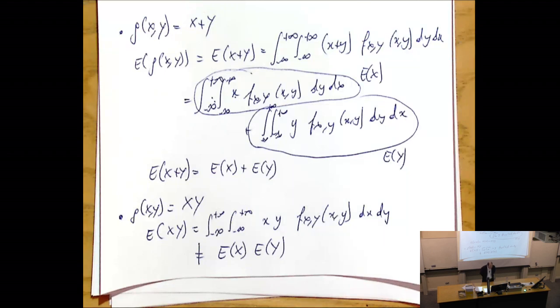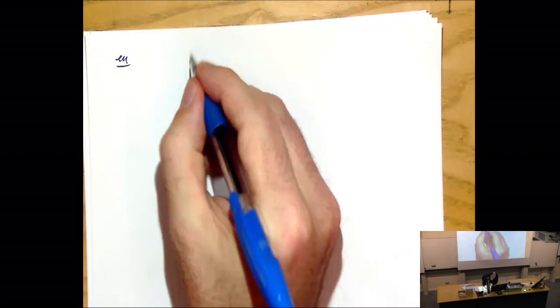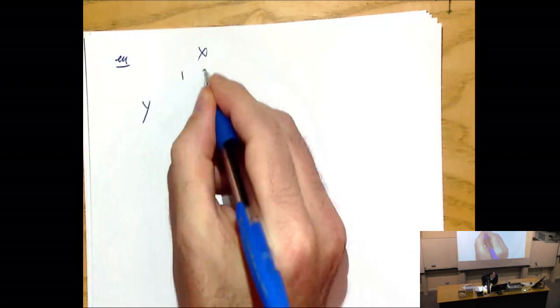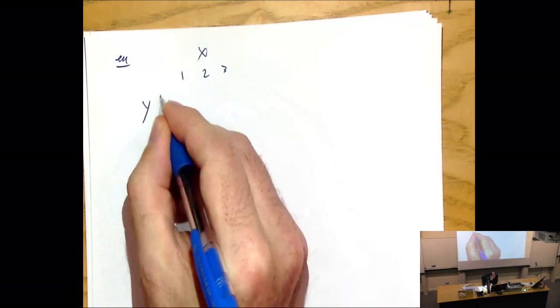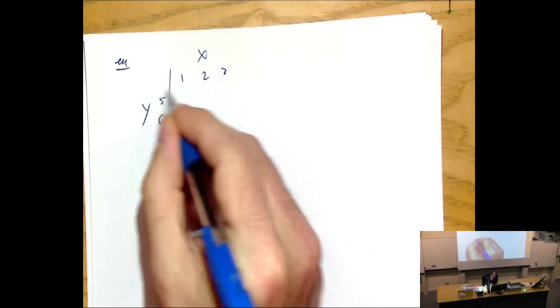Right, so let's look at a simple example. I have what we had earlier on. Again, I have x and I have y. X can take 1, 2, 3. Y can take 5, 6, 7.